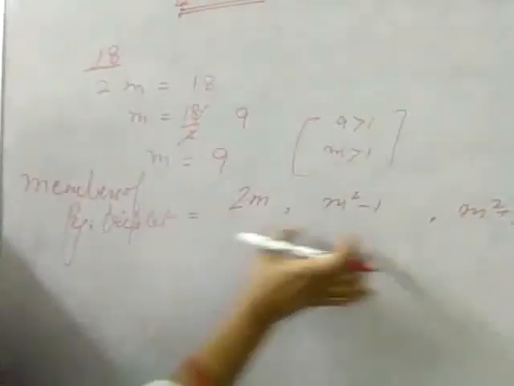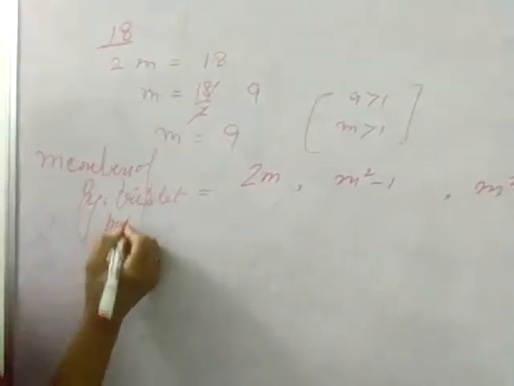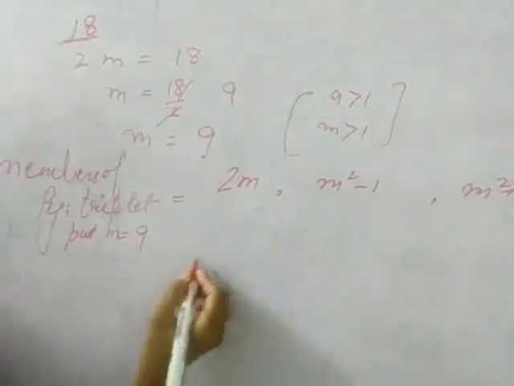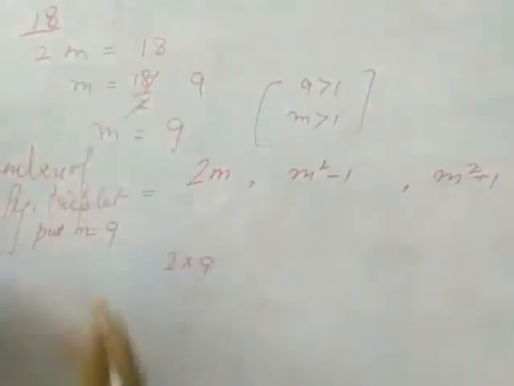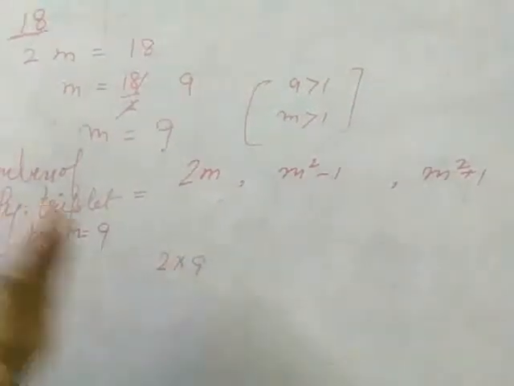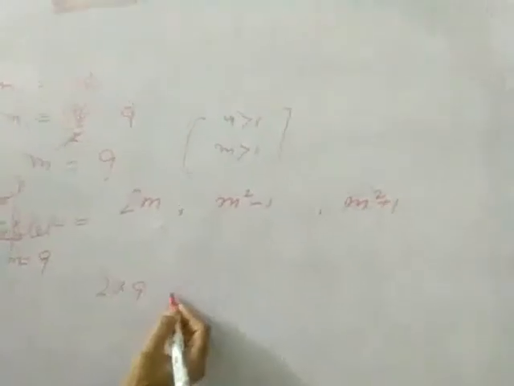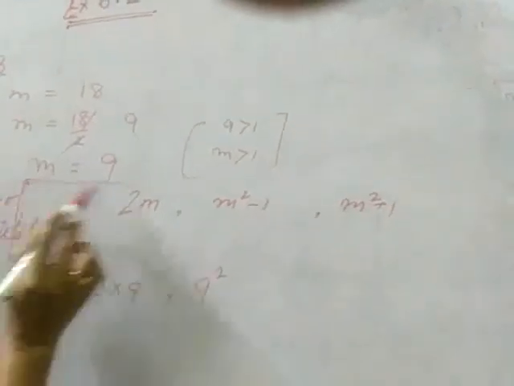Now put this value in these relations. So you will write here, put m is equal to 9. So this becomes 2 into 9. I am putting it directly in one line. You can do it separately as I have done in the last example, or you can do it in this manner. So 2 into 9, then the next was m square, 9 square, because the value of m is 9.